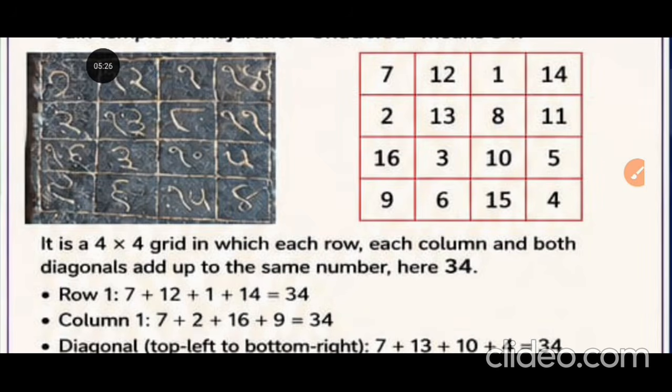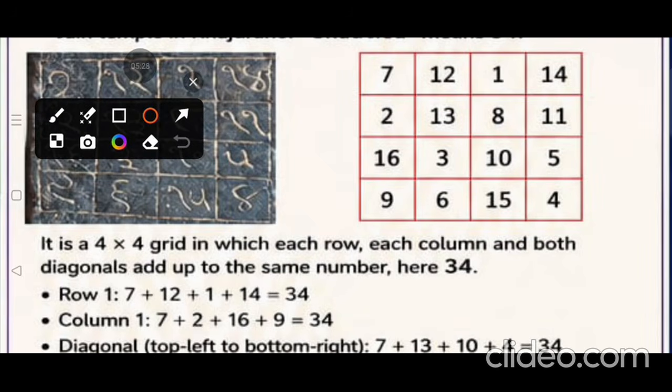If we look at the sum in the row, we are getting row 1, 7 plus 12 plus 1 plus 14. This is 34. If we look at the column 1 sum, this is 7 plus 2, 9 plus 16, 25 plus 9, 34.